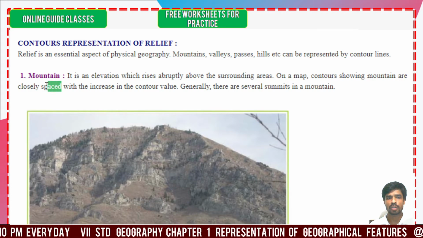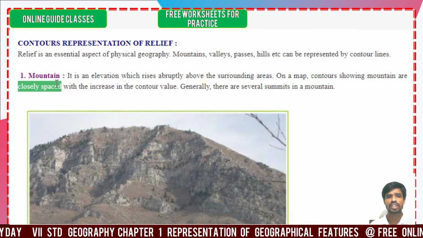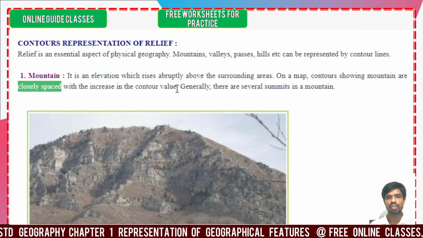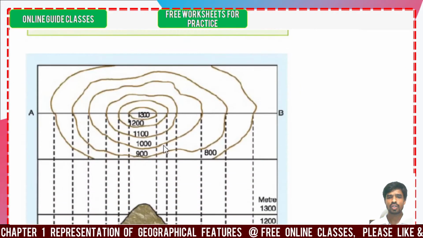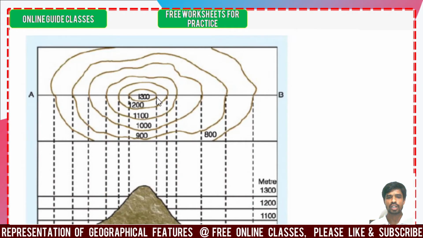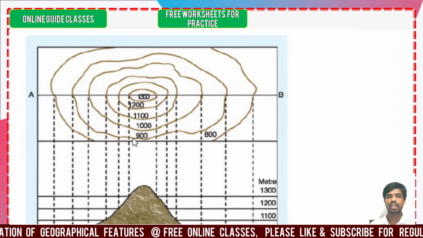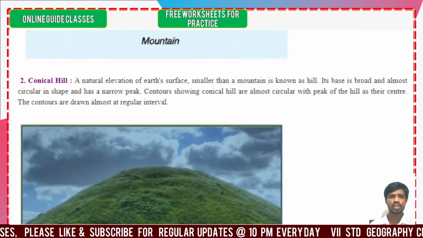So on the topographical maps, if the contour lines are closely spaced, they are called mountains. With the increase in the contour value, generally there are several summits in the mountain. We are going to have a small practice on how to identify a plateau, a hill, or a mountain by doing some practical.